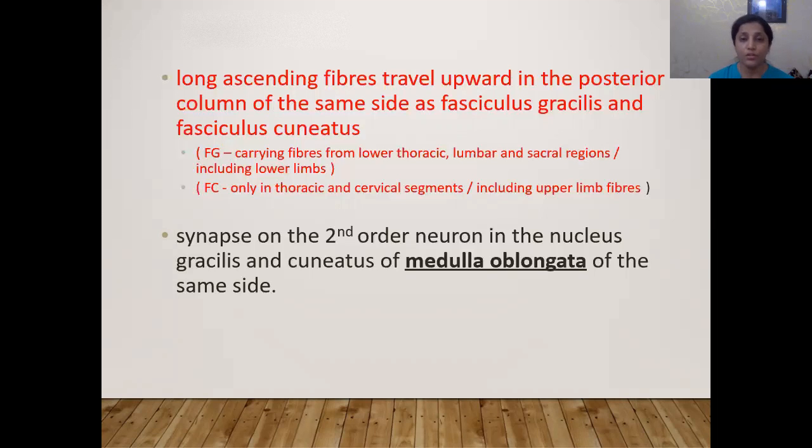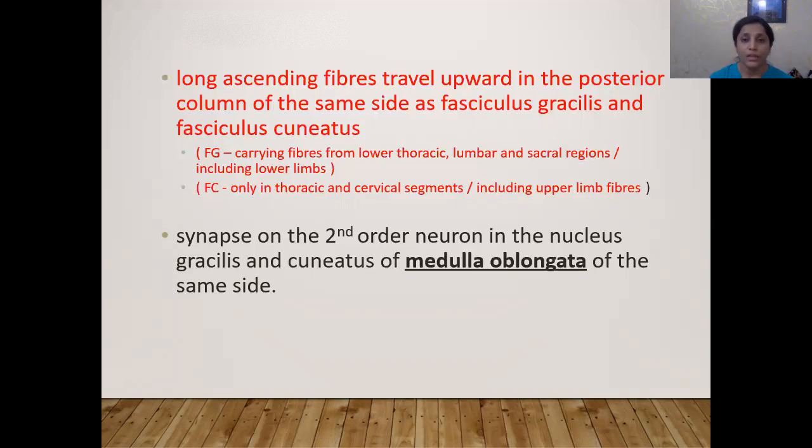Now, the first order neuron in this case is pretty long, and it gets synapsed, or terminated, at the nucleus gracilis and cuneatus respectively, which is located in the medulla oblongata of the same side.